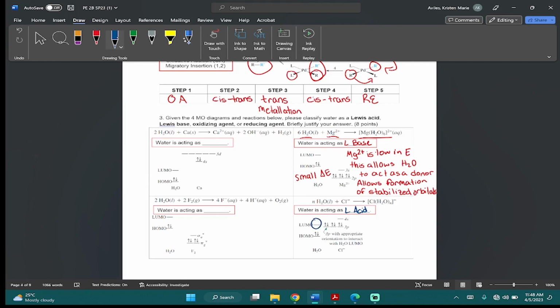So similarly, here the orbitals are similar in shape and energy. That's really the big thing here. We need orbitals similar in shape and energy for an adduct to form. So think of NH3 and BH3. Those form adducts because NH3 is a good Lewis base, BH3 is a good Lewis acid. Same concept here.